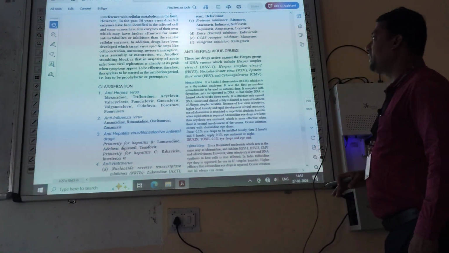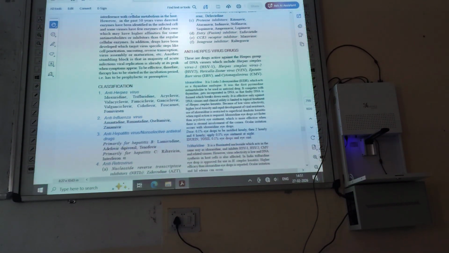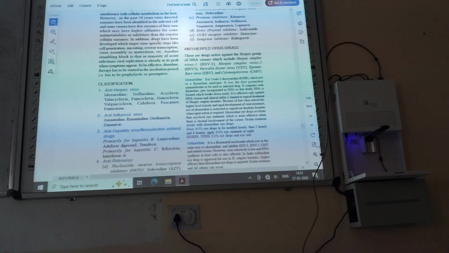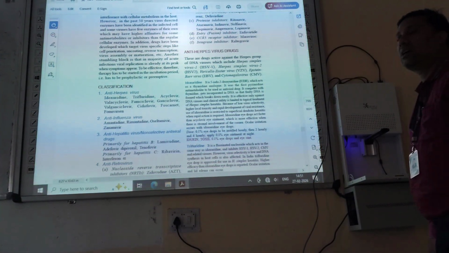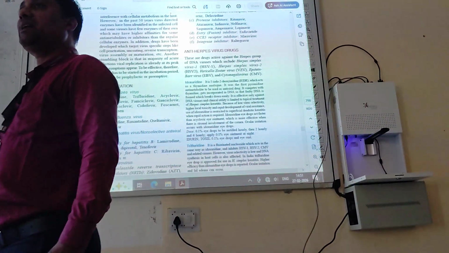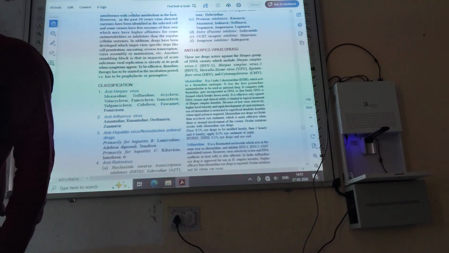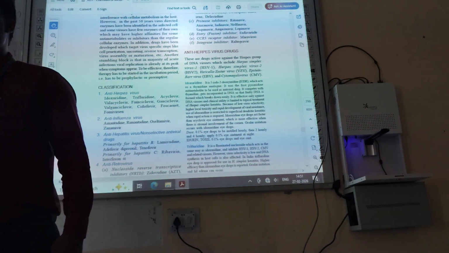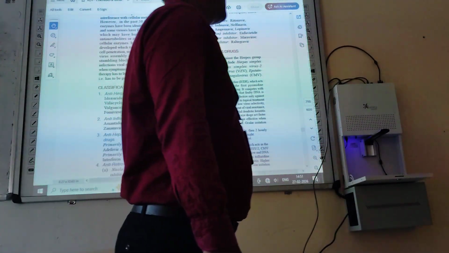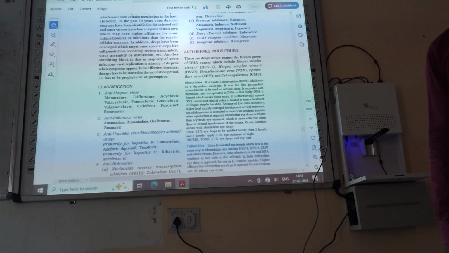First of all, anti-herpes virus. These are the drugs active against the herpes group of DNA virus. The genetic material of the virus is of different types, either DNA or RNA. The herpes virus is a DNA virus, meaning the genetic material is DNA.